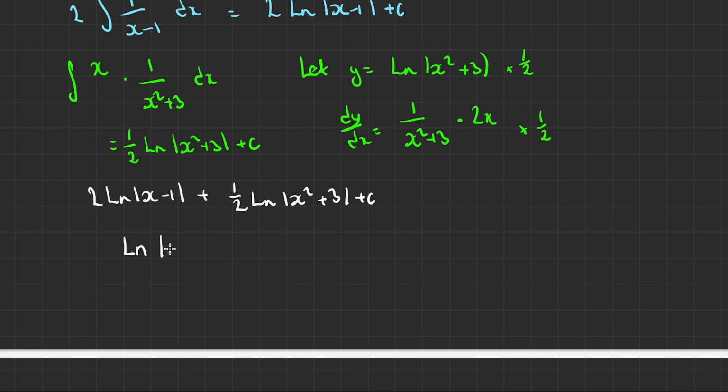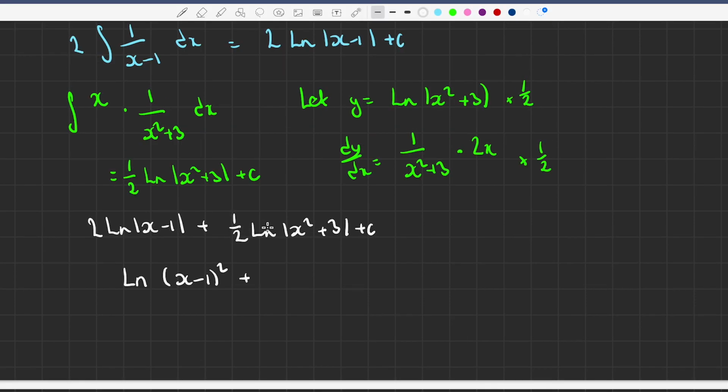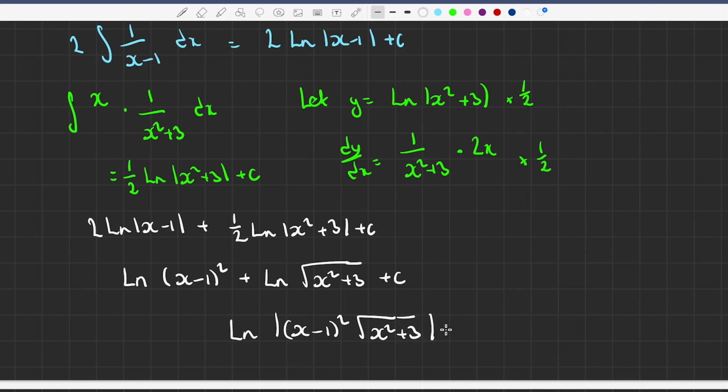So the natural log of x minus 1, actually I can make this in curved brackets because it will be positive, so x minus 1 squared, plus, and we can move this half to the power over here, so this becomes the natural log of the square root of x squared plus 3, plus the constant term. And then we can use the multiplication rule to put these two together, so we have a natural log of x minus 1 squared multiplied by x squared plus 3, plus the constant term. So this is our final integral.